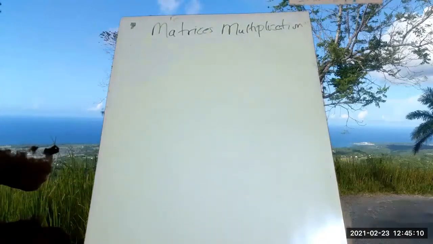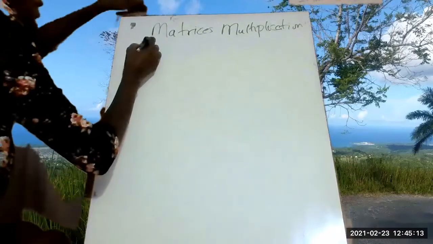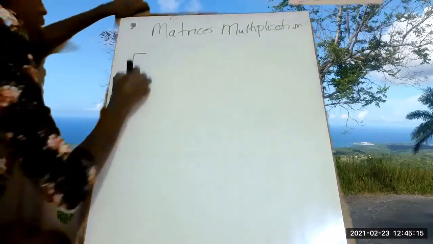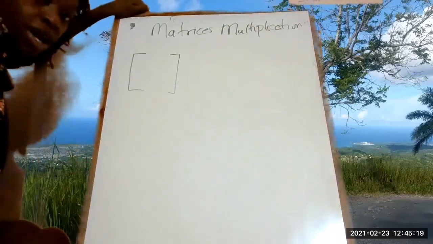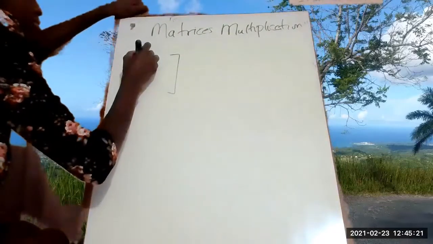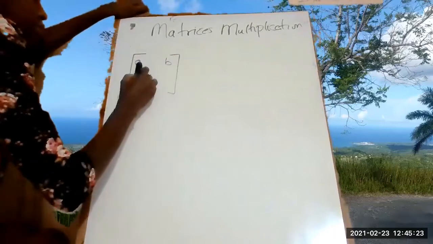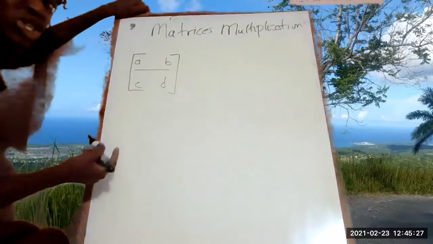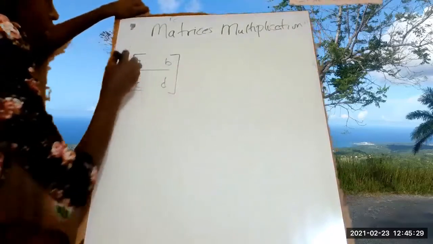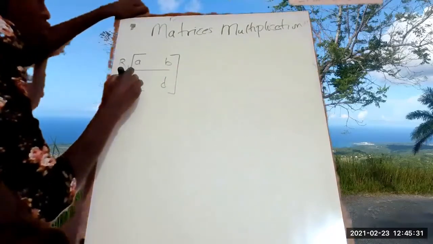matrices. Alright, remember that a matrix is named by the number of rows and the number of columns. So for example, this matrix has 2 rows. Remember that rows go across. So that's row 1 and this is row 2.